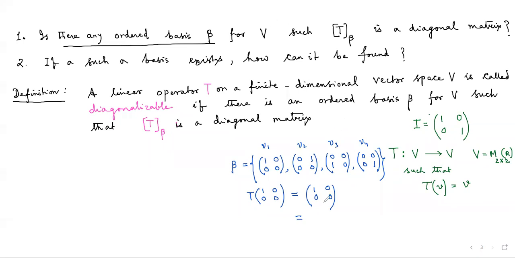Again, we can express this as 1 into 1 0 0 0 plus 0 into 0 1 0 0 plus 0 into 0 0 1 0 plus 0 into 0 0 0 1. Okay. And similarly, we can find other matrix elements.